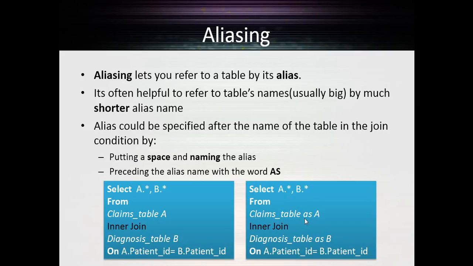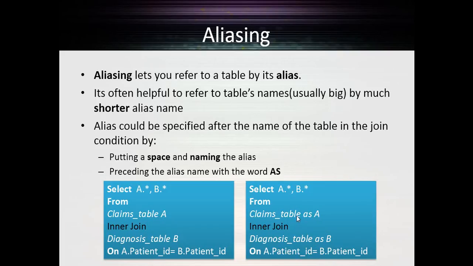And by doing this, I have successfully aliased the name of the claims table as A. And for the diagnosis table also, I have successfully aliased its name as B. And then subsequently, I have referred to these tables in the on statement also, where I indicate that for this join to take place, the patient ID in the claims table, which is being represented by A over here, must be equal to the patient ID in the B table, which is representing the diagnosis table over here.